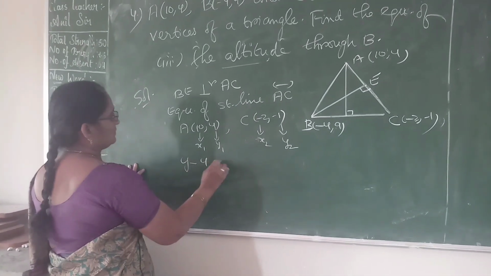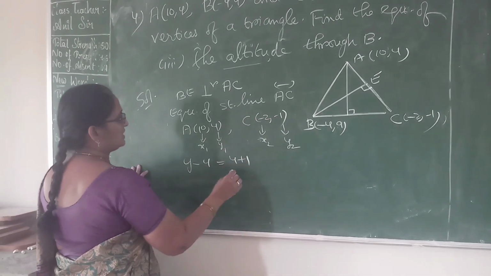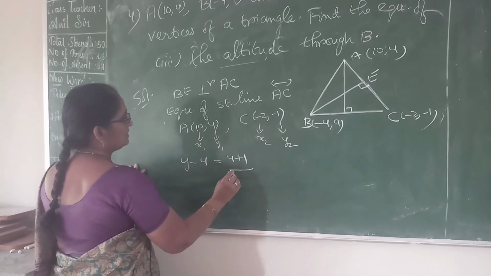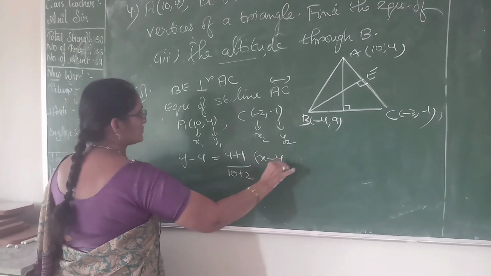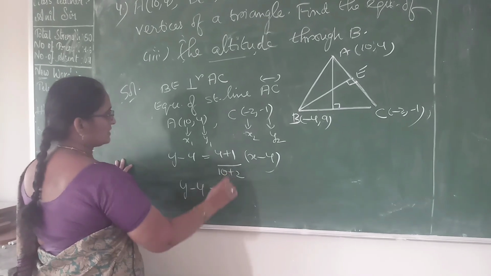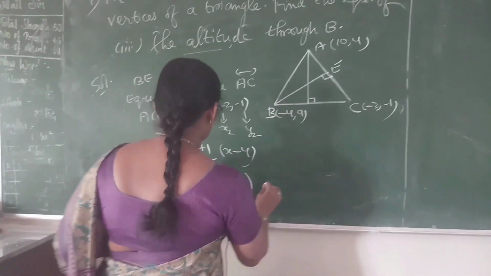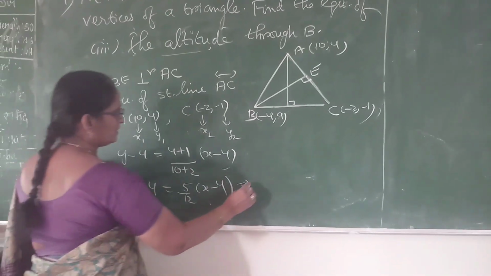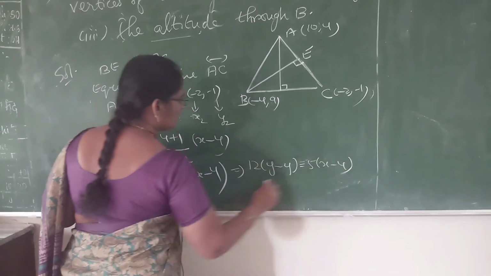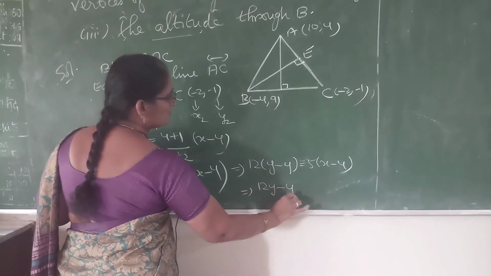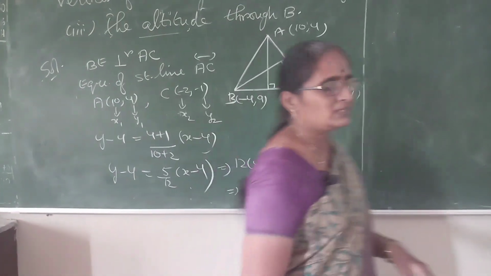Again y minus 4 equal to (y1 minus y2), 4 minus of minus 1 means 4 plus 1, by (x1 minus x2), 10 minus of minus 2 means plus 2, into x minus 10. So y minus 4 is equal to 5 by 12 into x minus 10. Cross multiply: 12 into (y minus 4) is equal to 5 into (x minus 10), which implies 12y minus 48 is equal to 5x minus 50. So how will we write here?